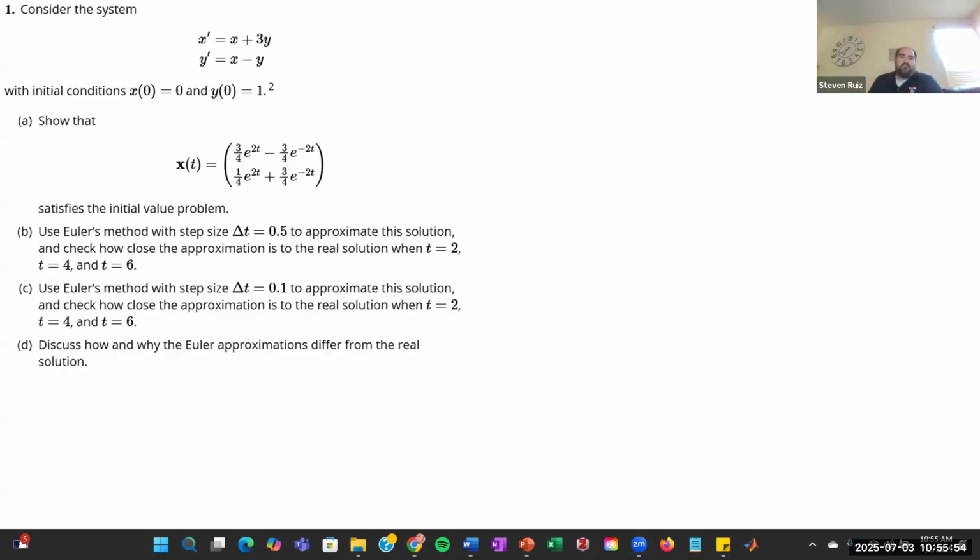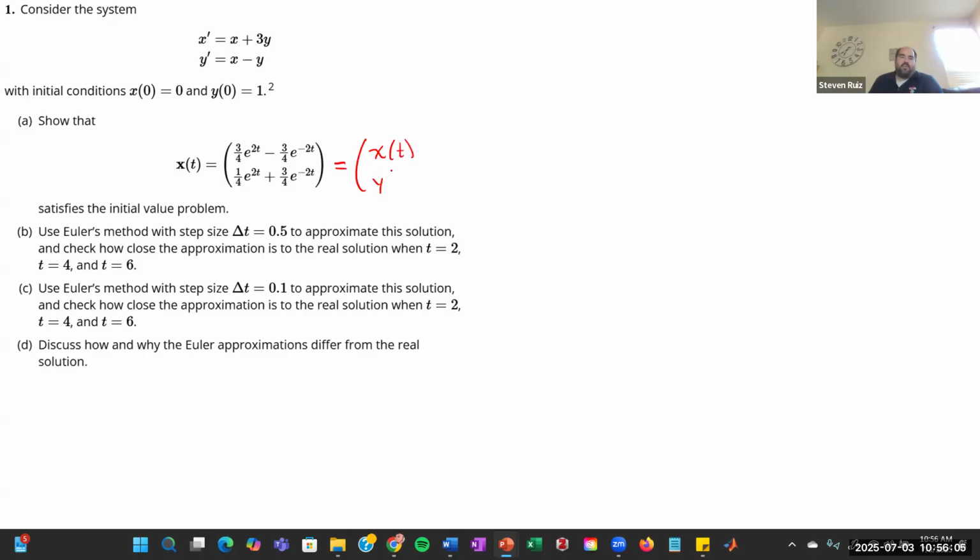So we're given a solution for x and a solution for y, given as a vector. So basically, this top row is x of t, bottom row is y of t. The equations I'm given are first order, so I can take the first derivatives of each of these and verify.